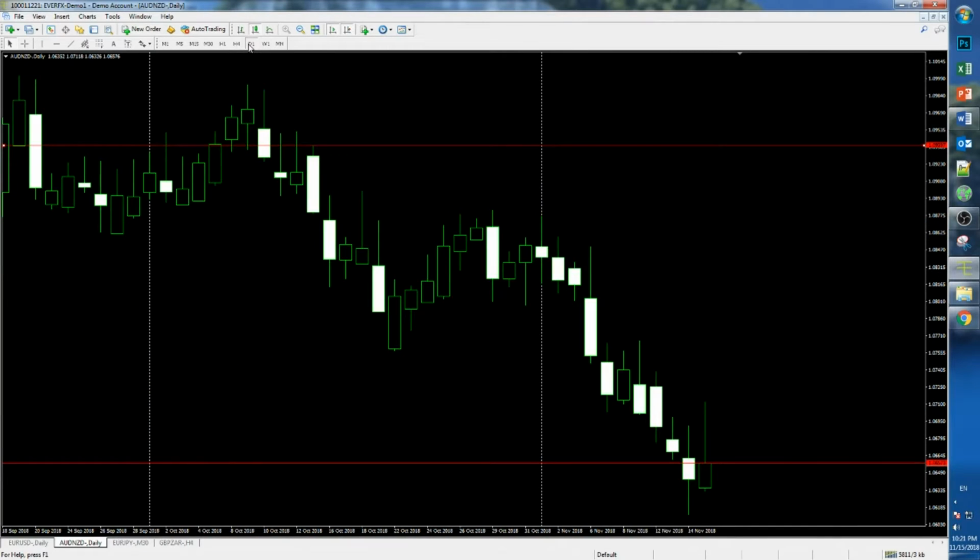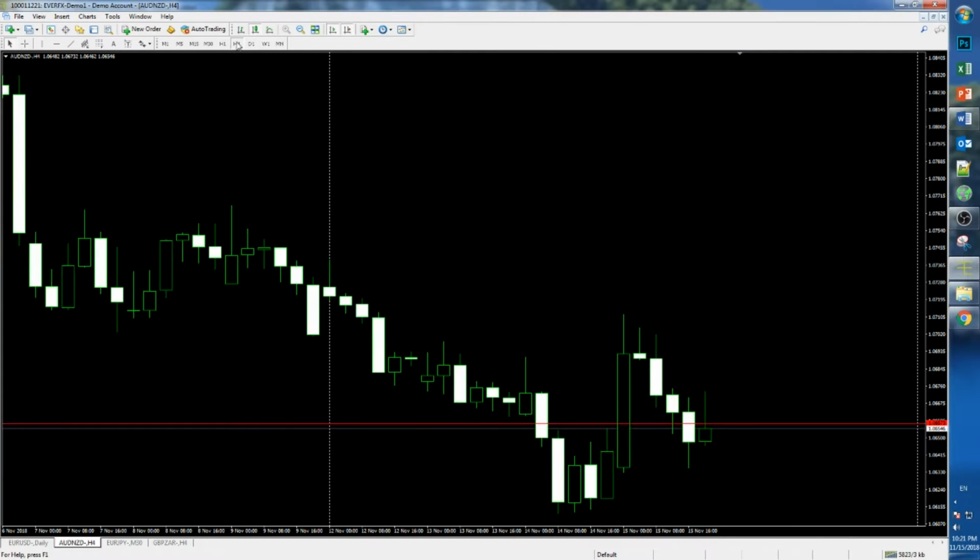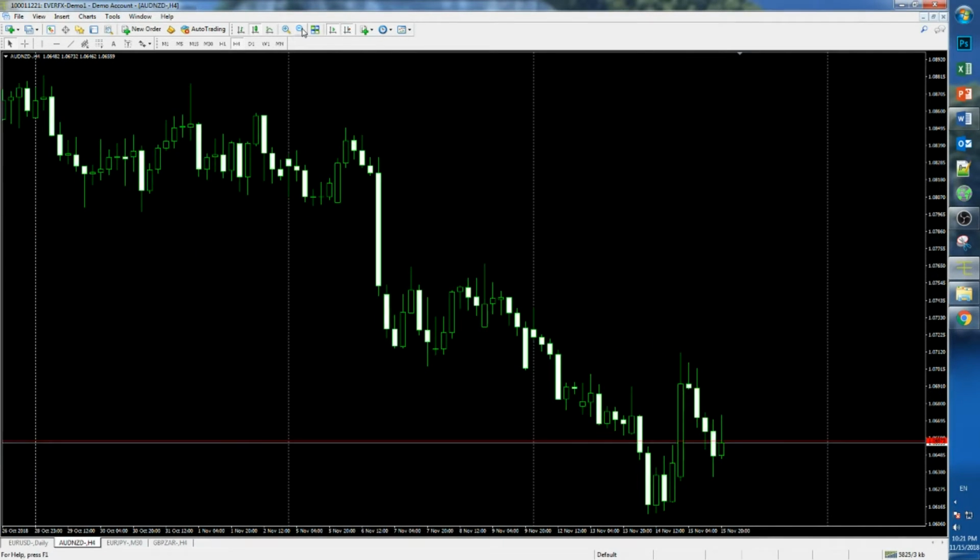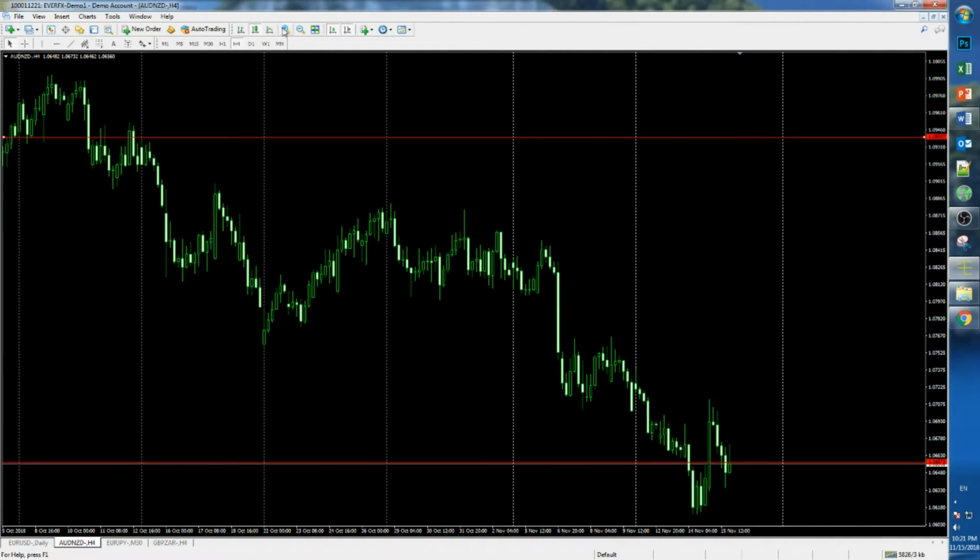And if we are switching from 1 week to 1 day, remember that for each period of time, every candlestick represents 1 day, 4 hours, 1 hour, and so on and so forth. So if we try to measure on 1 day or even in 4 hours, in 4 hours we have a bigger picture.